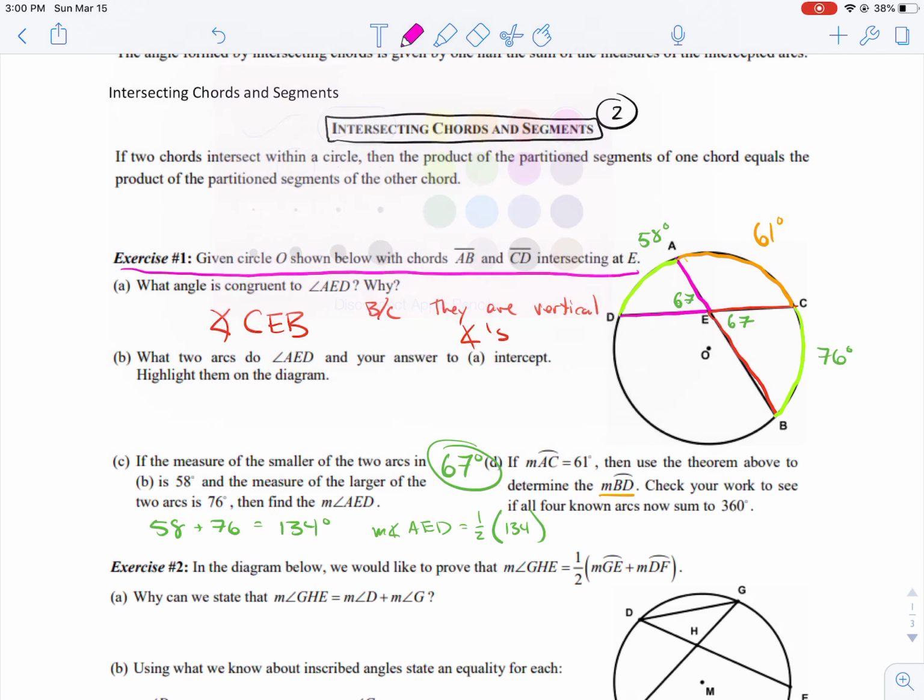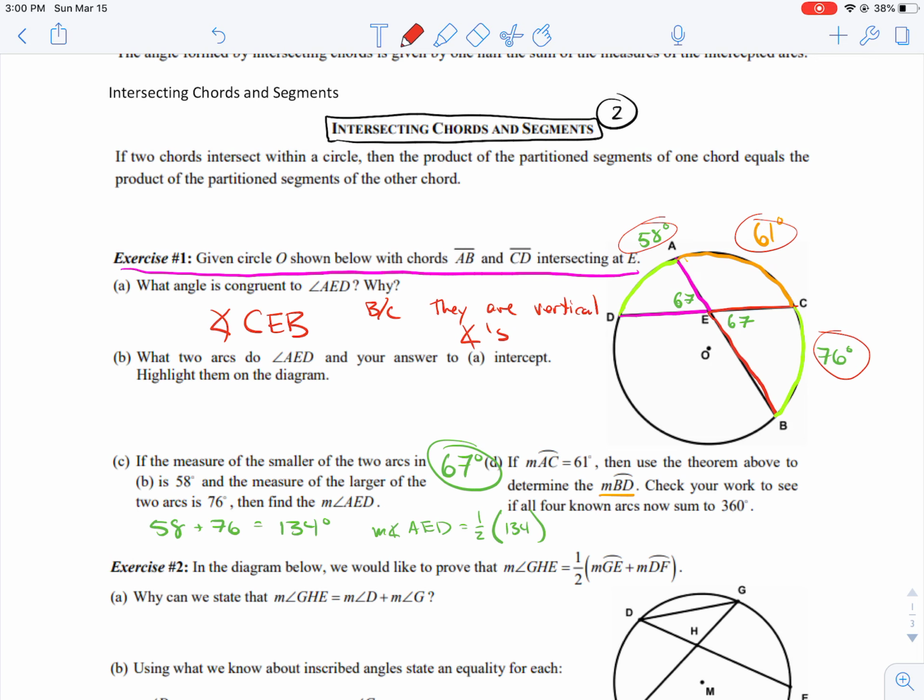Essentially we wouldn't have to do that, because we have a circle and we could just add all these up, subtract from 360, and find this length right here. But we're going to do it the long way, so we're going to start with our property, starting with this piece right here.